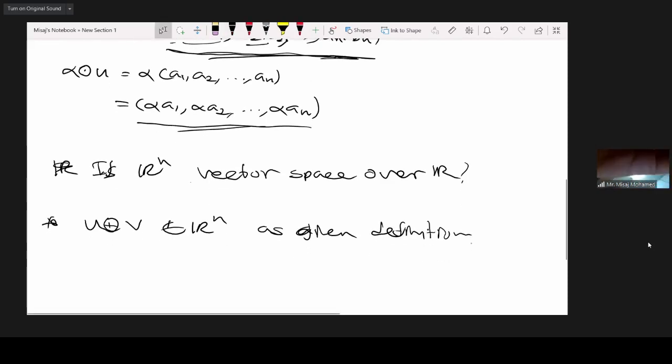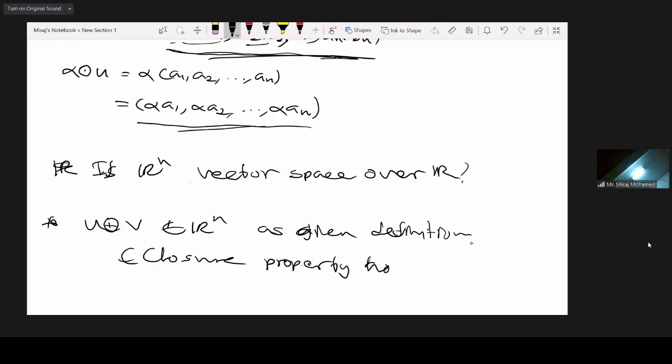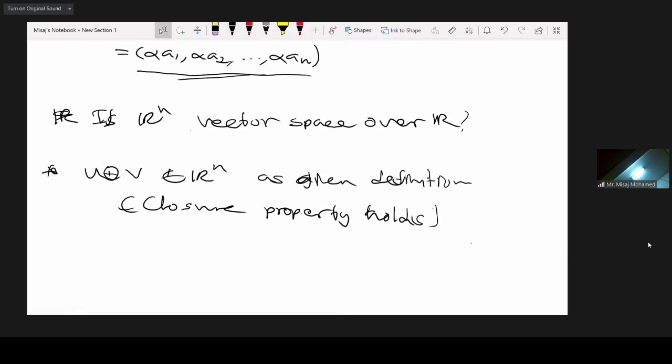Right? So what is the next property in vector addition? This is called the closure property. Closure property holds. I forgot to say this word. What is the next property I have to check?